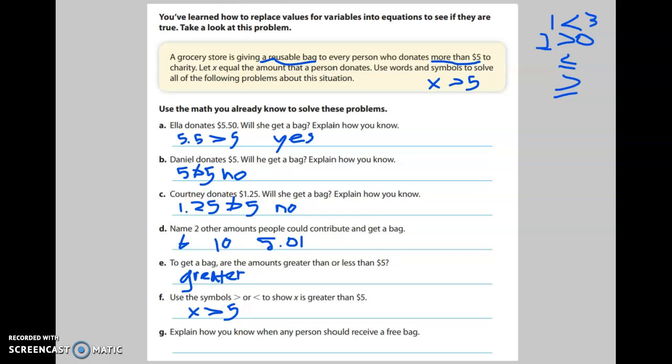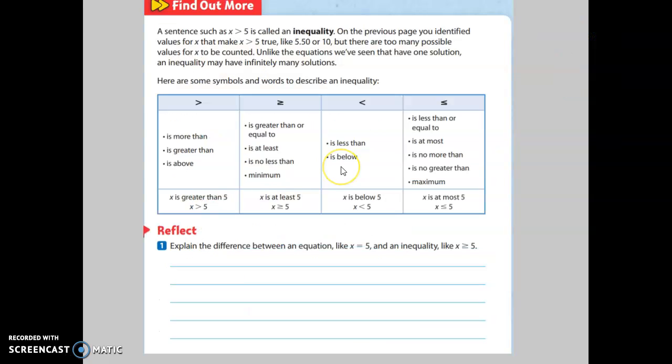Alright, let's look at our reflect page, and then you guys can get started on these concepts. Alright, so looking at our notes here on our reflect page, it says, a sentence such as X is greater than 5 is called an inequality. This should be reviewed, you guys already know this. On the previous page, you identified values for X that make X is greater than 5 true, like 5.50 or 10.